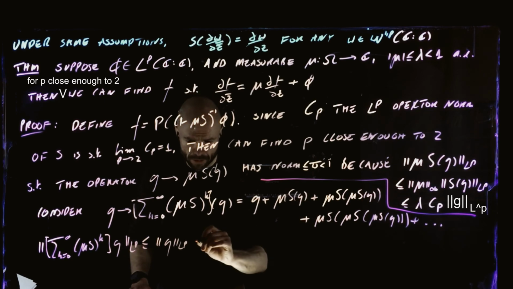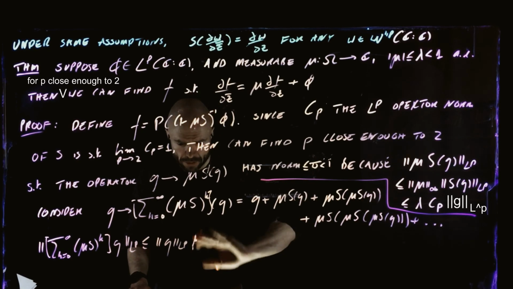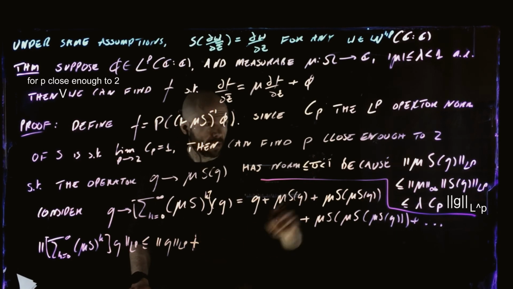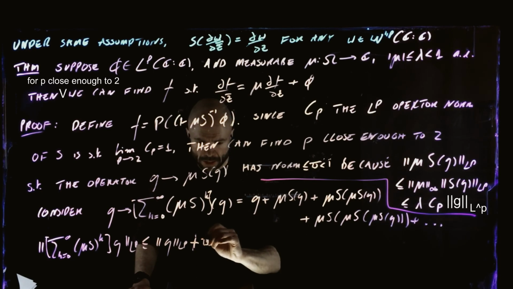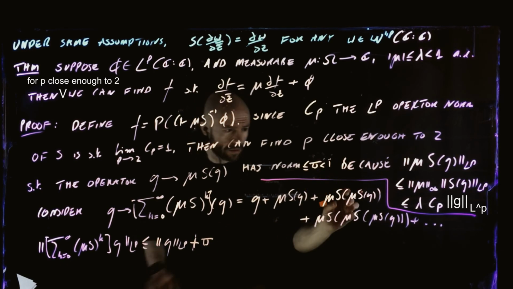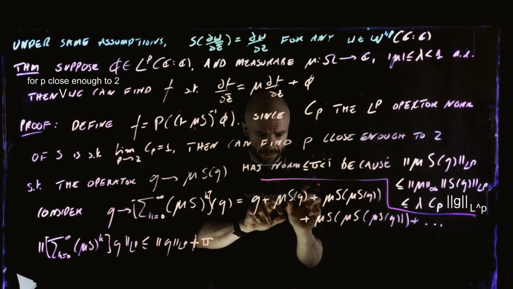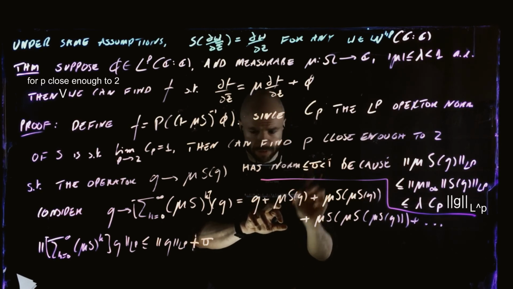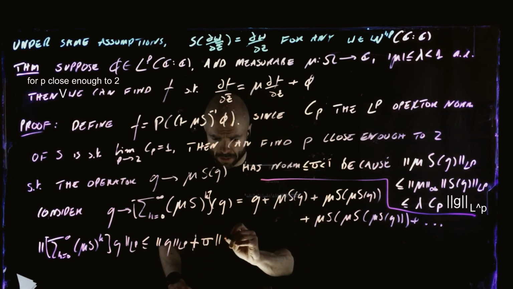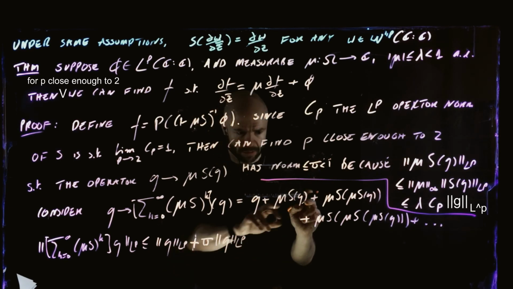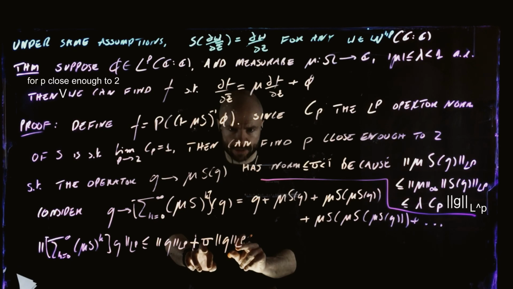And this is going to contribute this omega, because the norm of this guy by our choice is less than omega times the LP norm of G. So this guy is bounded above by this thing, yeah?